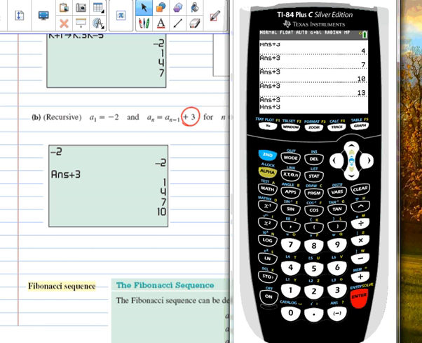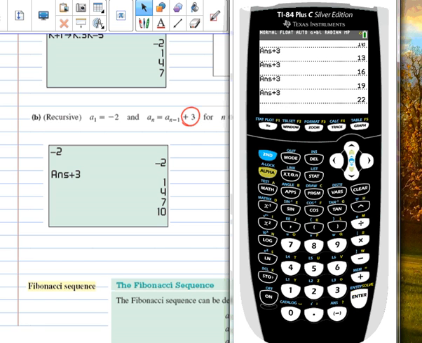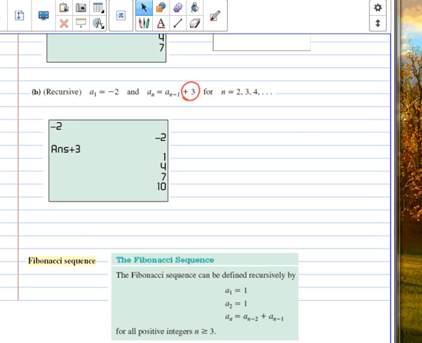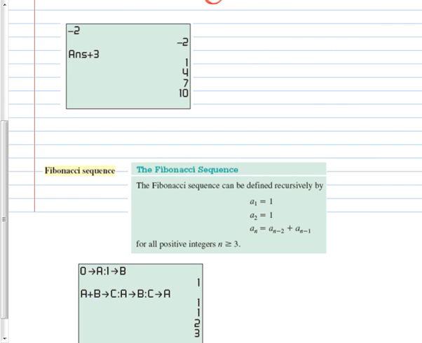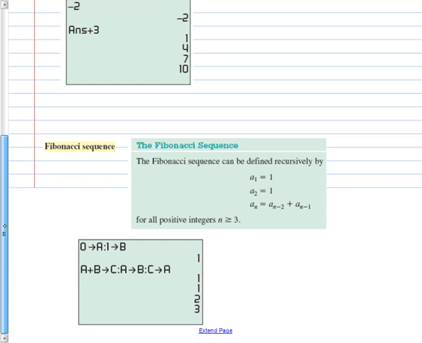So it works for a geometric one too. If you said times 7 and hit enter, it would just multiply by 7 as you keep going. So recursively, your calculator is set up to do something like that. Now there is a very famous sequence called the Fibonacci sequence. Why it is famous is that it seems to occur in nature.